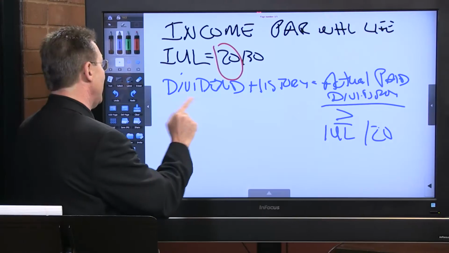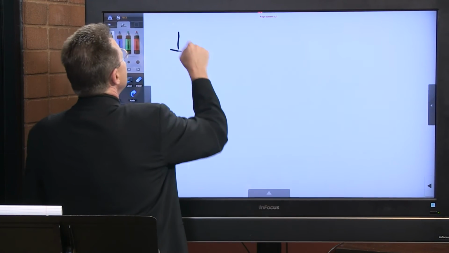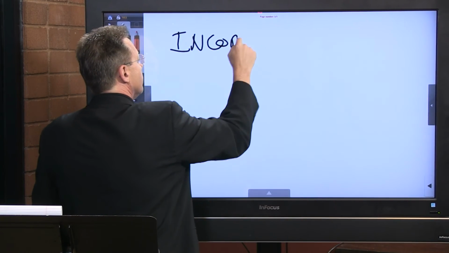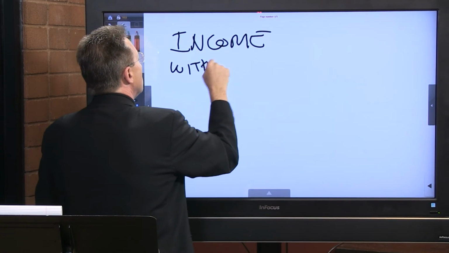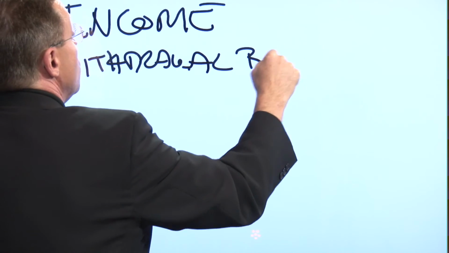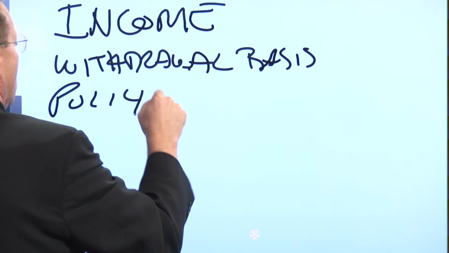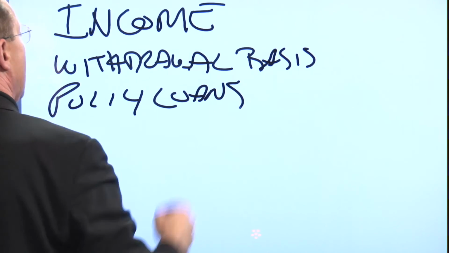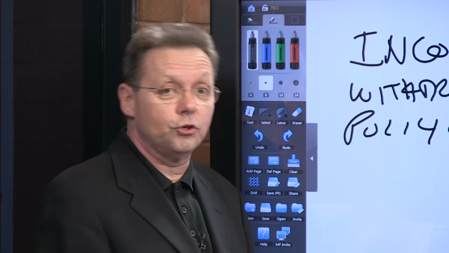When I'm looking at this for income, this is why I'm bringing this up. When I'm looking for income, I'm either going to use withdrawals to basis, or I'm going to use policy loans. In whole life, this is a big deal because there is no such thing as we have in indexed universal life.